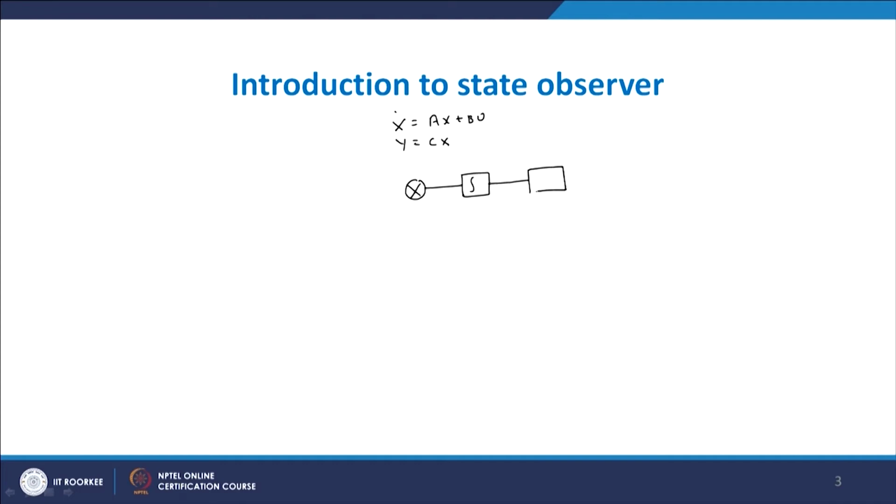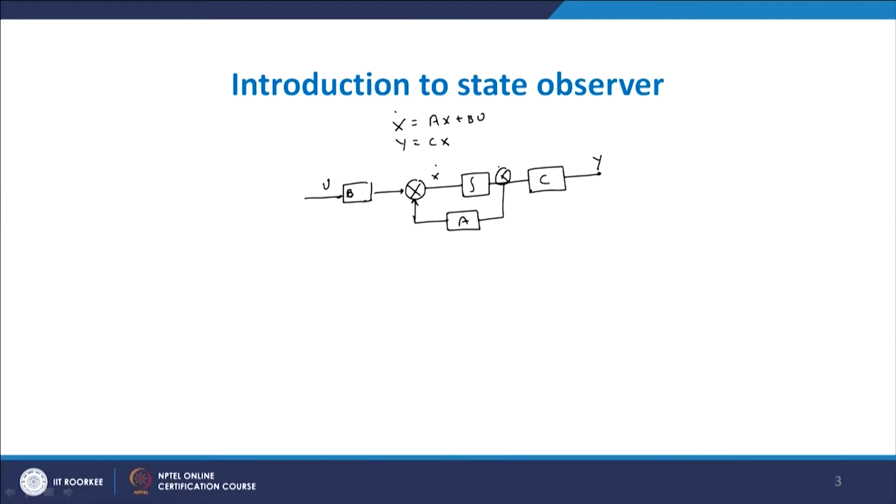Now here is our C matrix and here is output y, here is x dot, here is B, and input u, and here is matrix A. So x dot equal to Ax plus Bu and y equal to Cx.